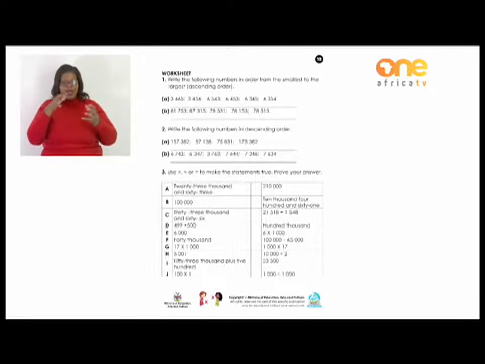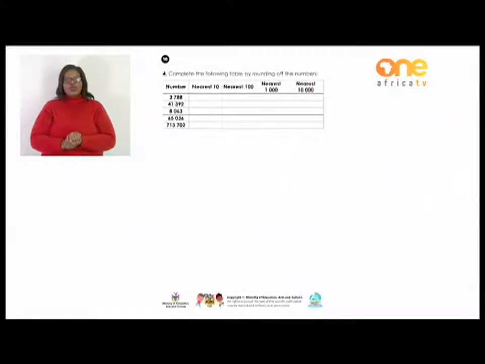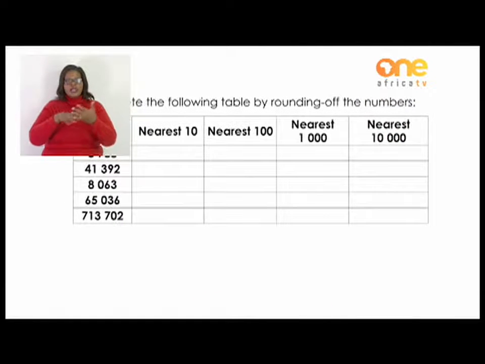Now we have to move to page 16, where number 4 is. We need to complete the following table by rounding off the numbers. The first number is 3,788.